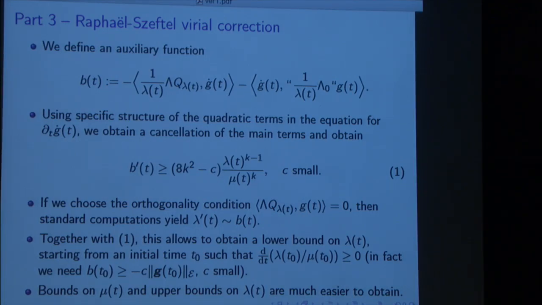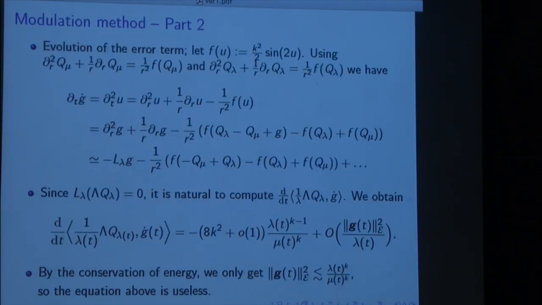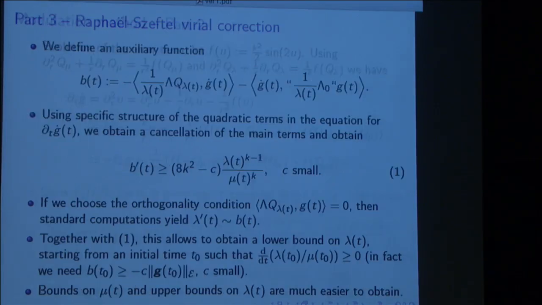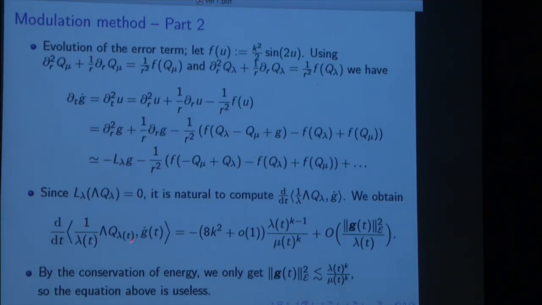Yes. So here I showed you in the order where if you gave me an equation and you told me to study this equation, this is what I would do. I would write the evolution for the error term. I would try to find the element in the kernel of the adjoint operator. And then once I identify this, I try to find the orthogonality condition, which gives me essentially what corresponds to the momentum in the dynamical system.